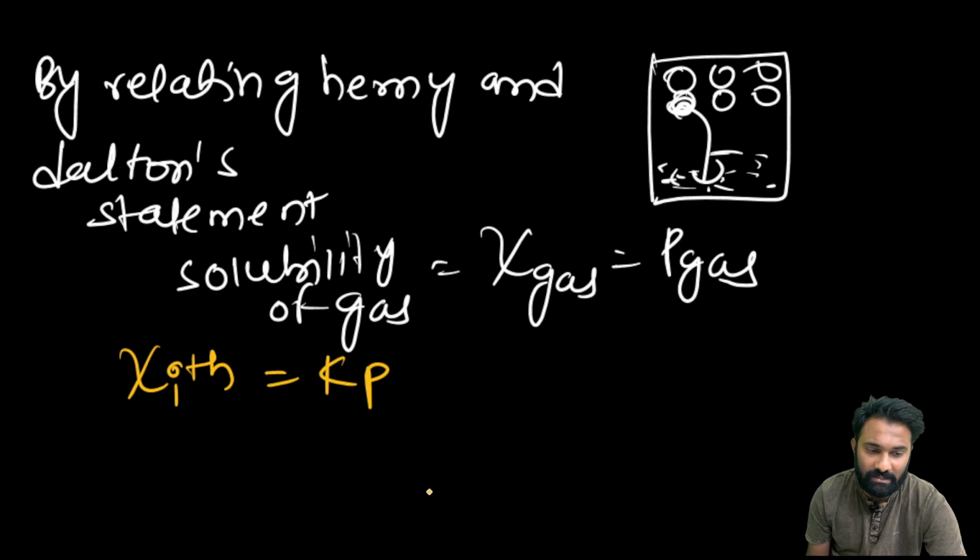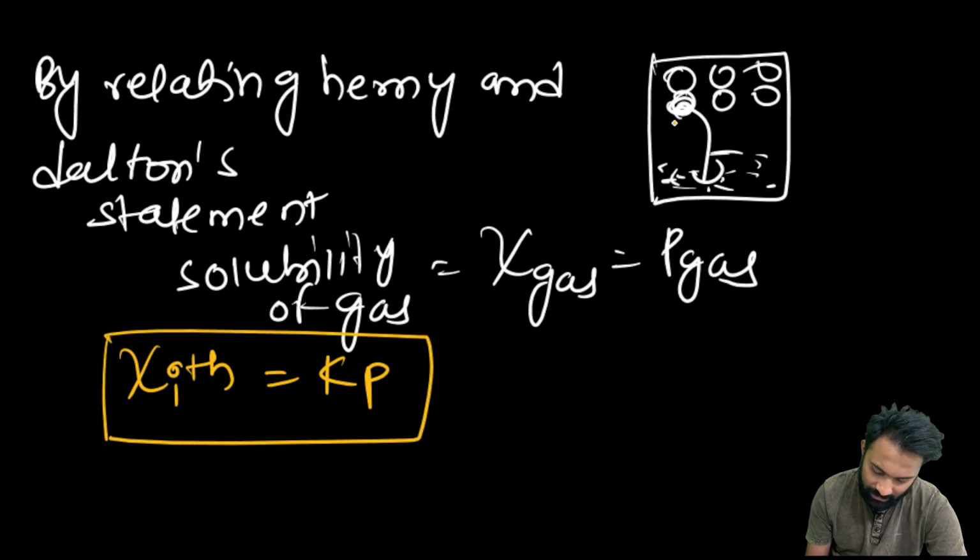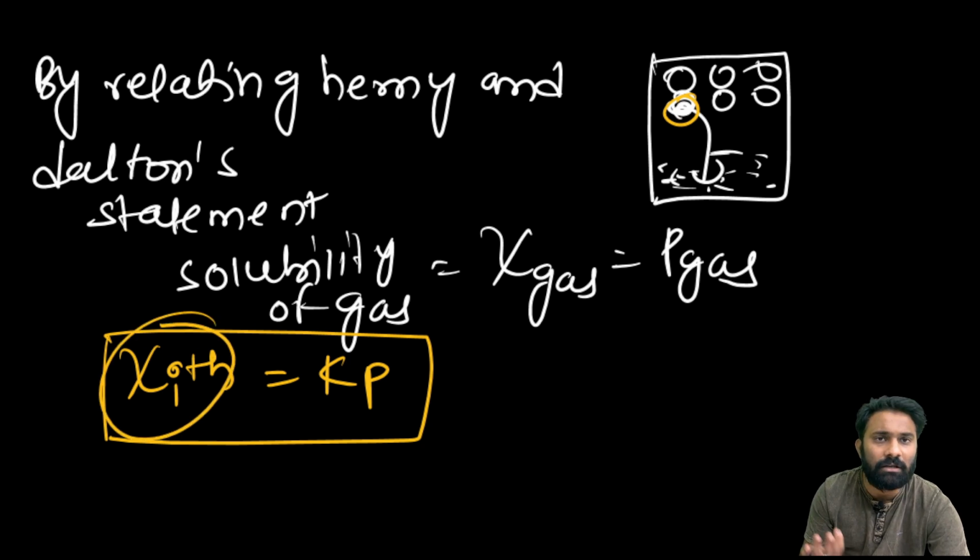Why? If the mass of the gas i is high, then its mole fraction is high.